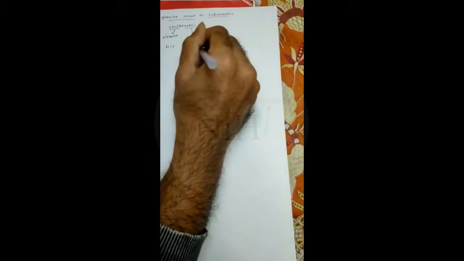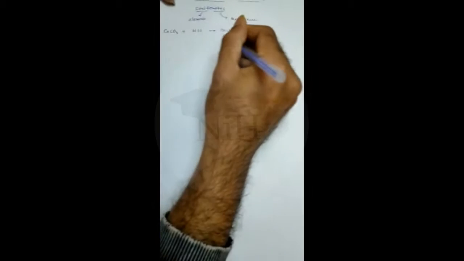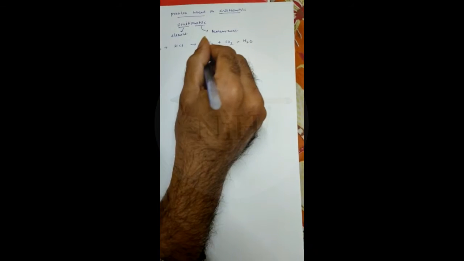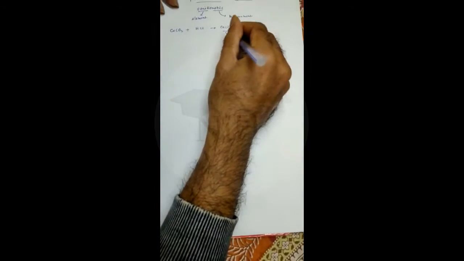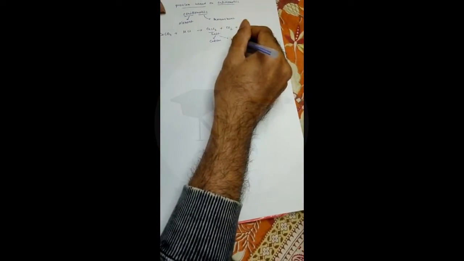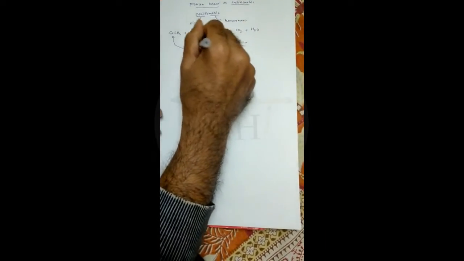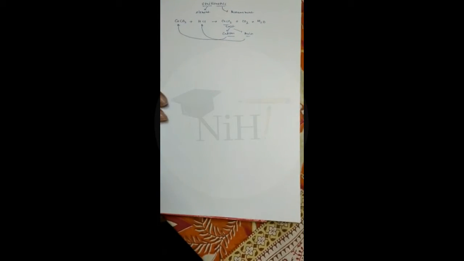This calcium chloride is basically a salt, and this salt consists of cations and anions, and these cations come from this alkaline earth metal and this anion comes from this acid.